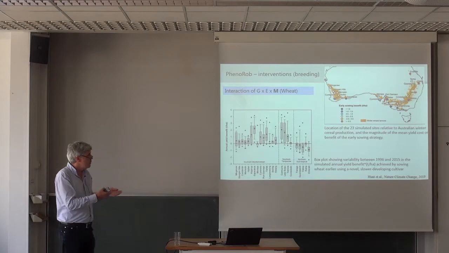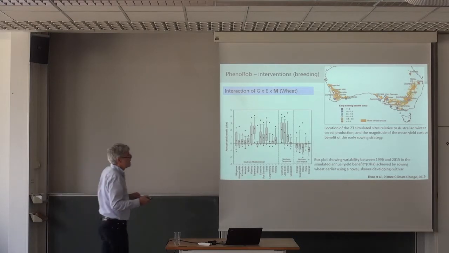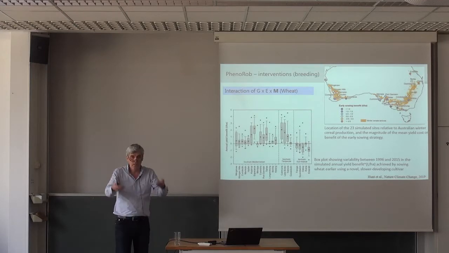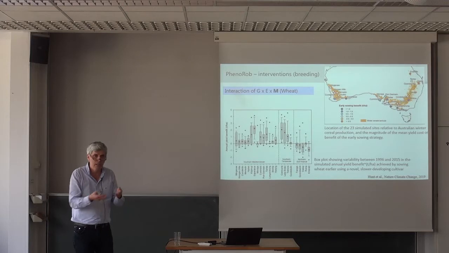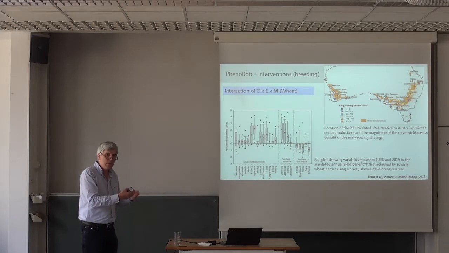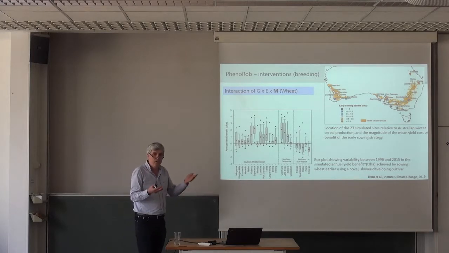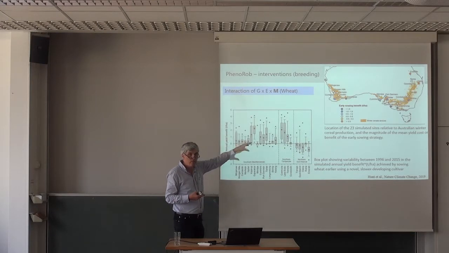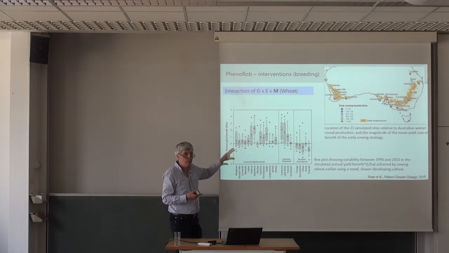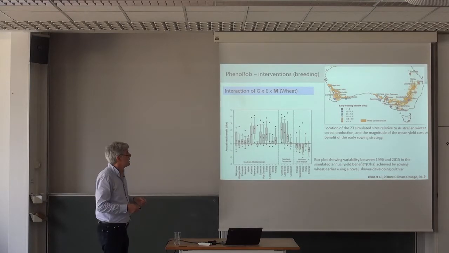So this management G times M interaction, tested for different environments, was then used in a breeding program, and they developed varieties that had these features, and these varieties showed really superior behavior in these environments. That is the result that came out of the study, the yield benefit because of these two strategies that came out of a modeling study. So it's a very nice example of how this can integrate nicely.